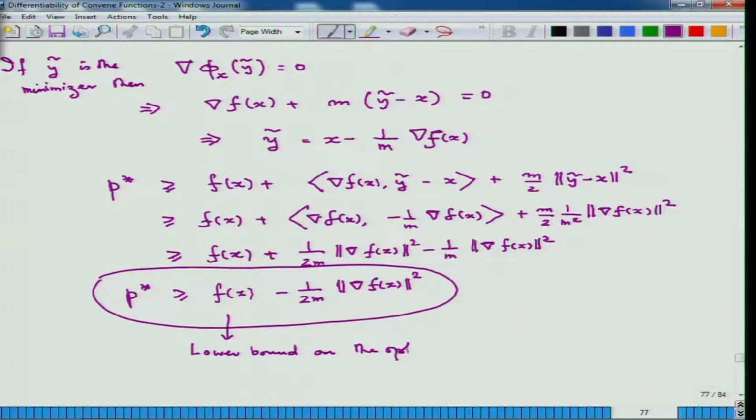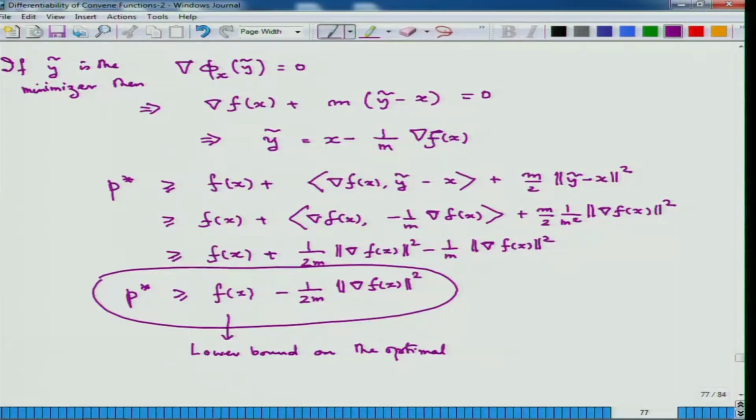So, give me any x, I can give you immediately a rough idea. The beauty of strong convexity is that give me any f and any x, I will tell you: here if I put m as 2 mu it will become 4 mu basically, so p star is greater than f x minus 1 by 4 mu into norm grad f x square.